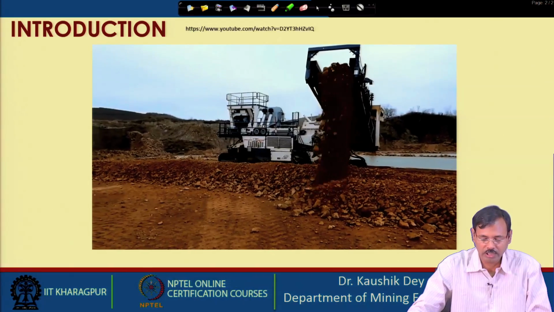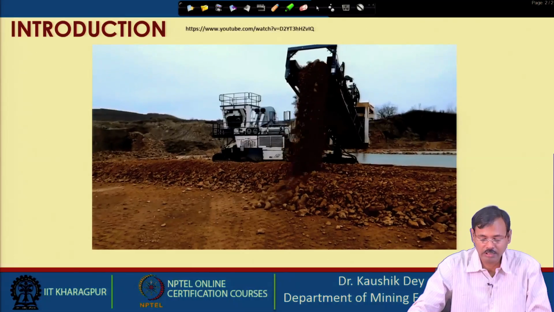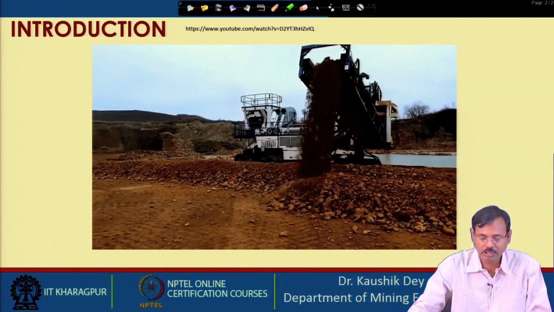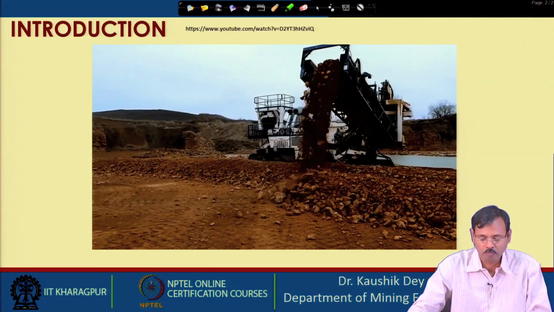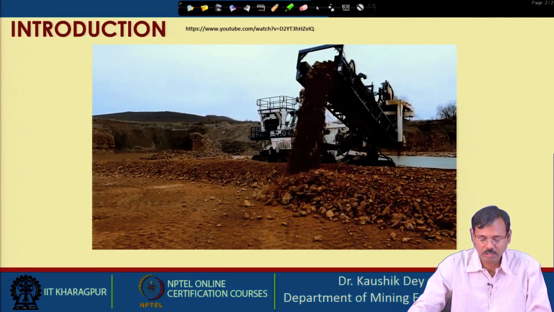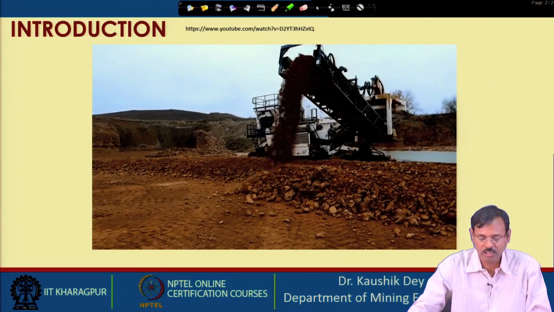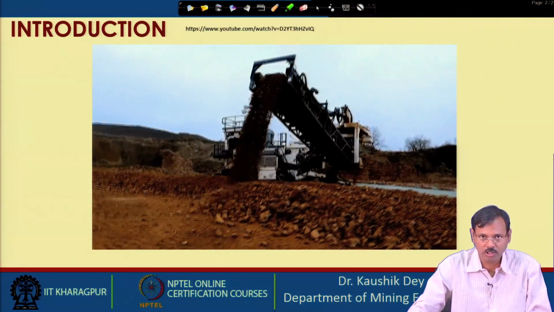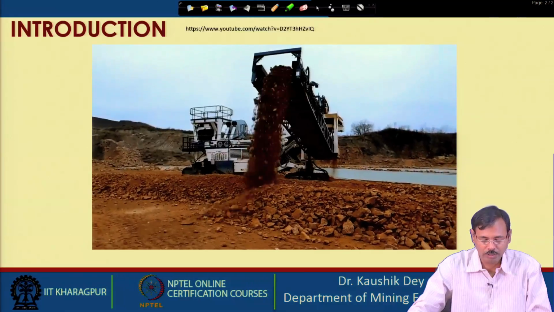The material is cut by the machine, then lifted by the machine, and discharged by the machine. In a nutshell, this is the operation of a surface miner. A surface miner basically works on the principle of cutting.